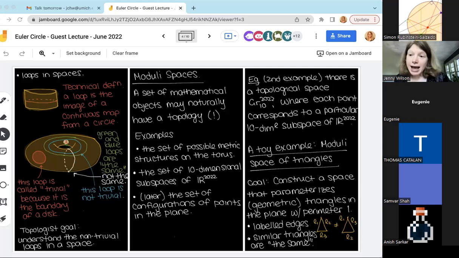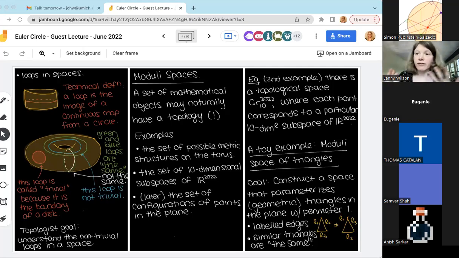So a topologist would want to distinguish not only which loops are trivial and which ones are non-trivial, but also study these homotopy classes of loops. The green loop and the blue loop represent the same homotopy class, and this white loop, it turns out, is a different homotopy class.